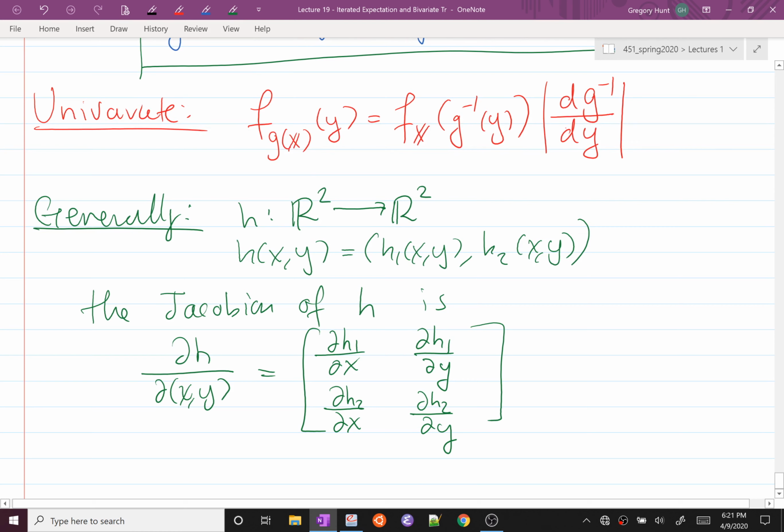And you can imagine you could generalize this to the multivariate case.